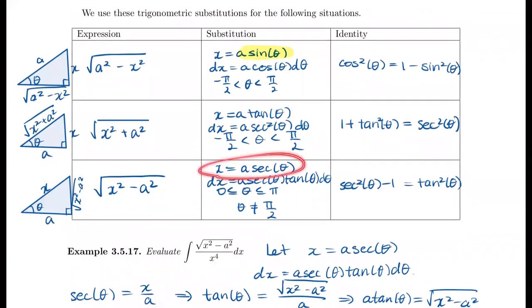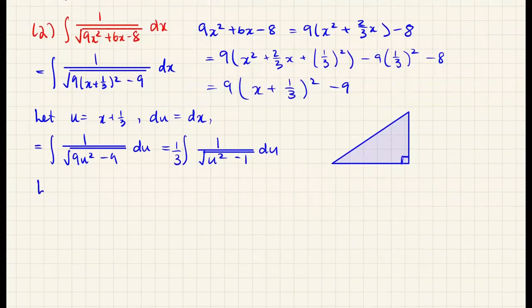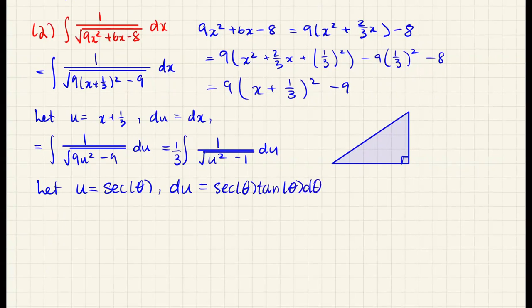That means we're going to make a substitution of x equal to secant theta. So let u be secant theta, so du is going to be secant theta tan theta d theta.